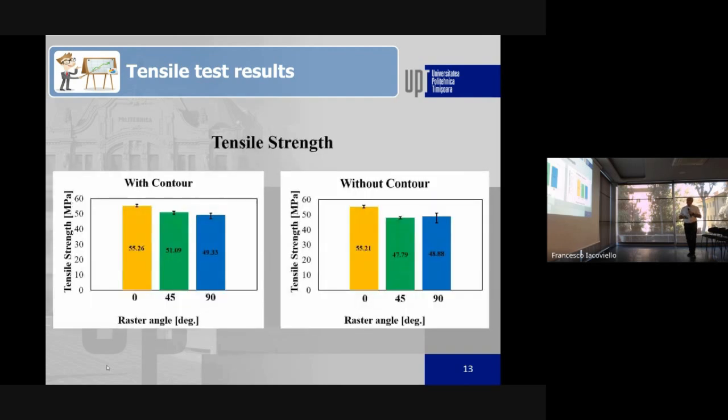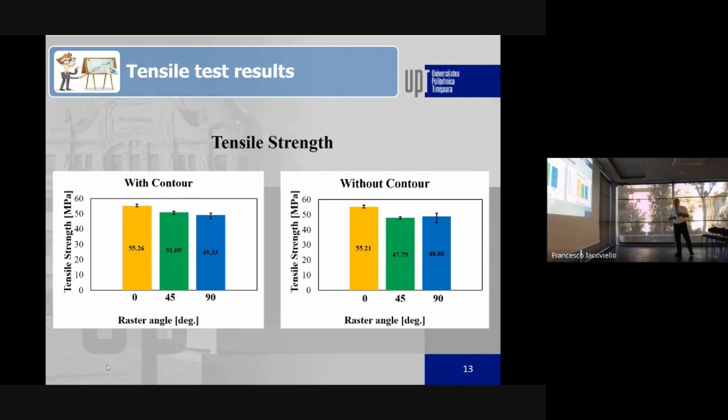If we look at the tensile strength, for 0 degrees we get the maximum for both cases, with and without contour, which is around 55 megapascals. In this case, the contour has the same orientation as the rest of the infill, so we cannot see any influence of the presence of the contour.